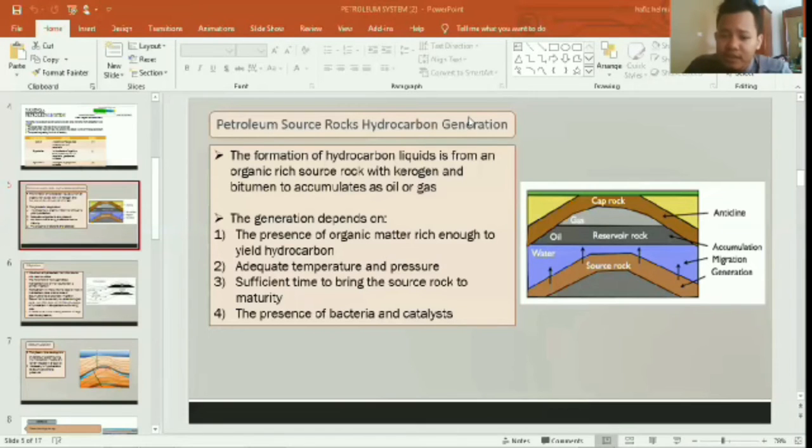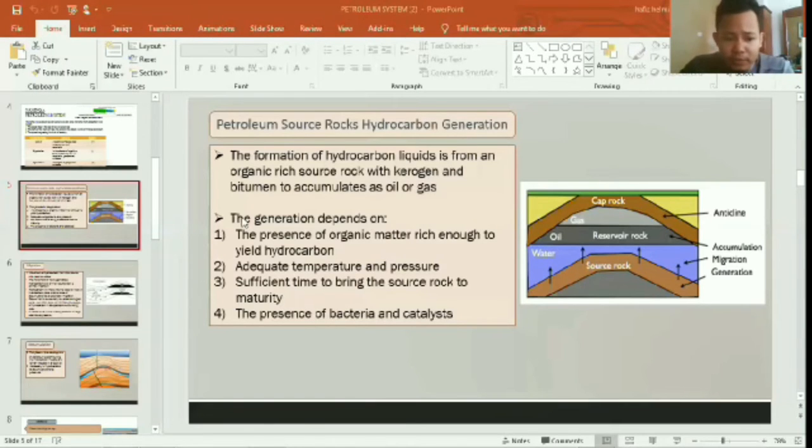Next is temperature and pressure, because it needs high temperature and high pressure to produce hydrocarbon. Then next is sufficient time, which is we need some time to make the rocks more mature to produce hydrocarbon. And the last one is bacteria and presence of catalyst.